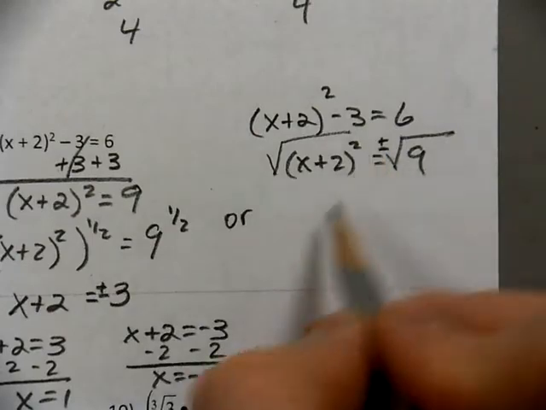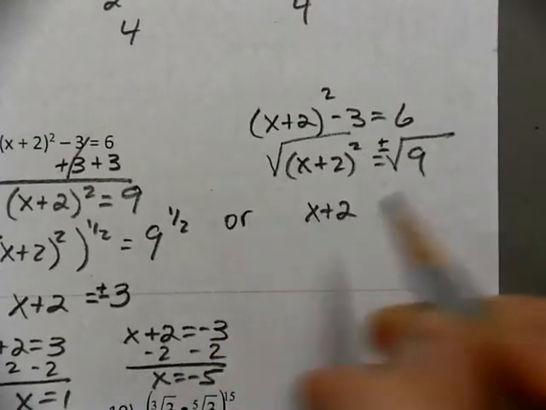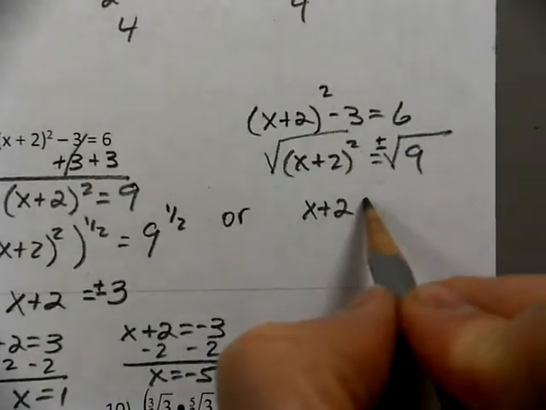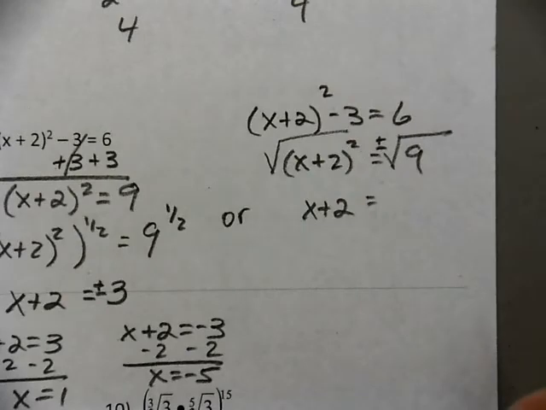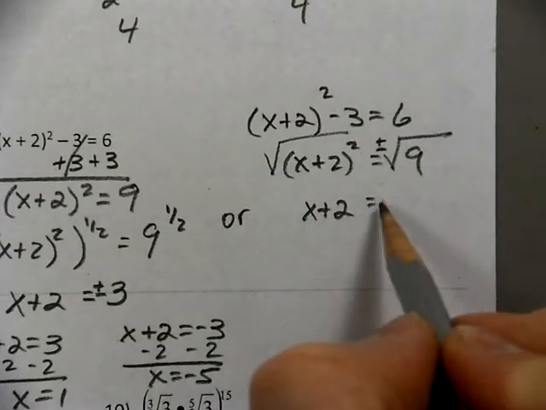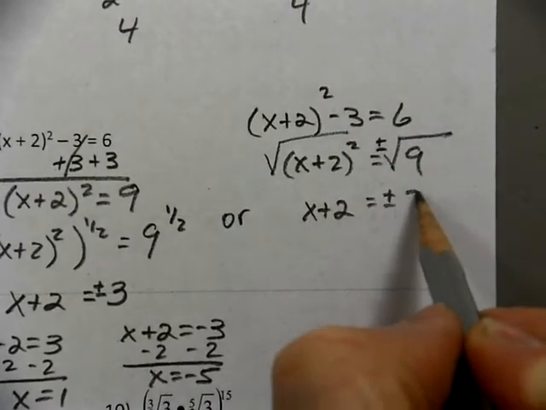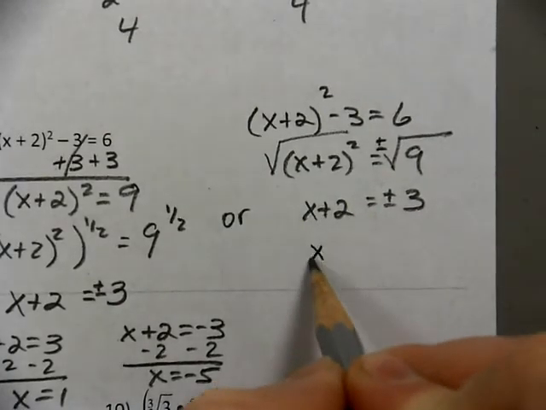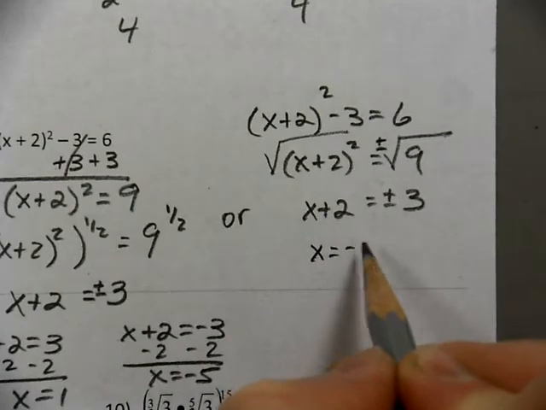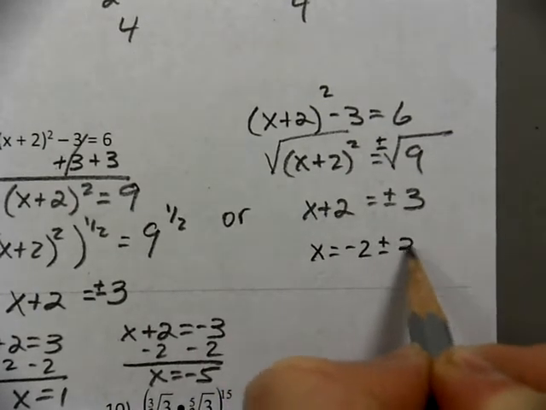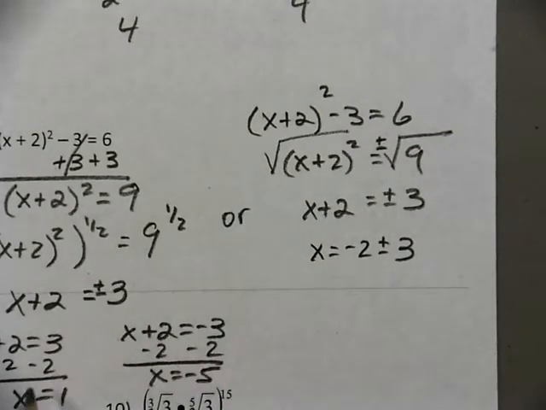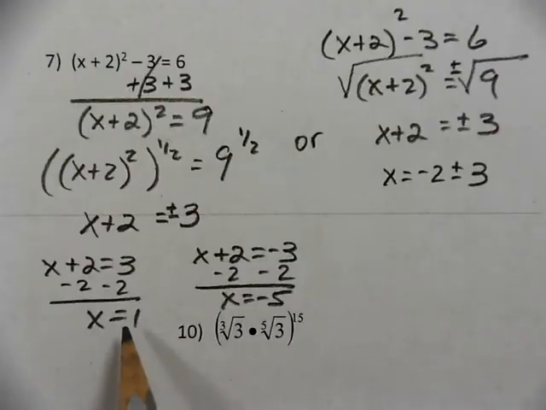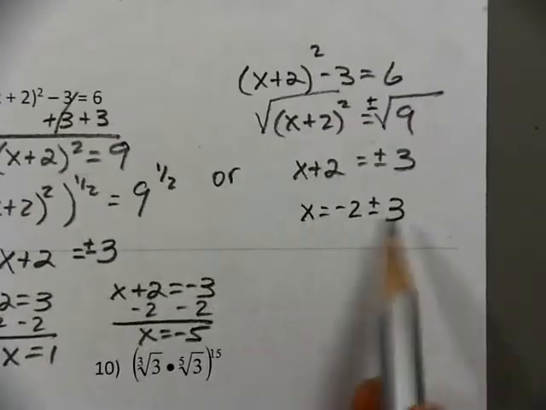So the square root of something squared is what's inside. So we get plus or minus 3, and that's where we can say x equals -2 plus or minus 3. And we got our two answers, which was 1 and -5.